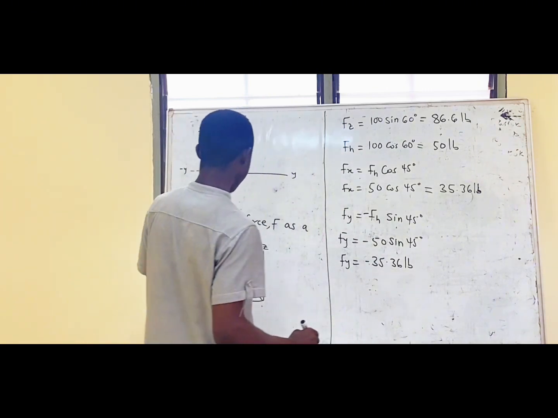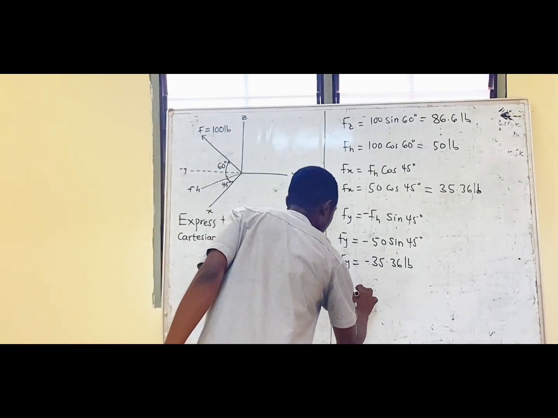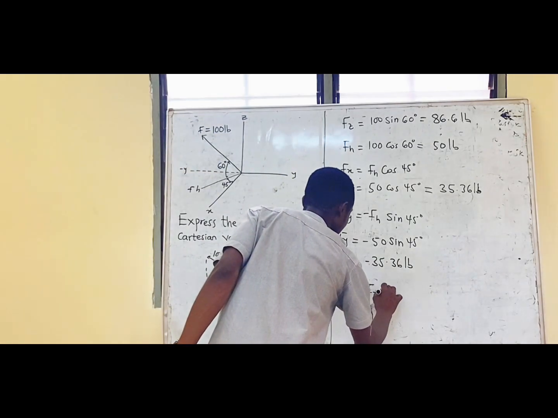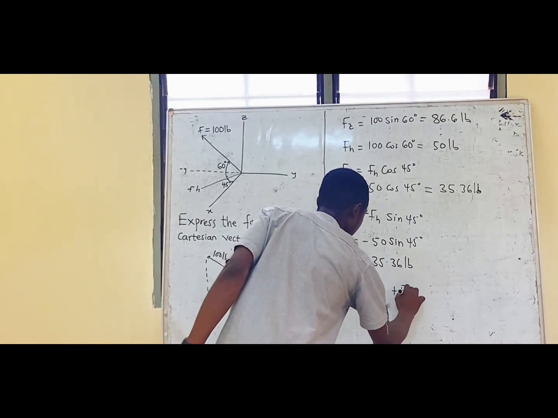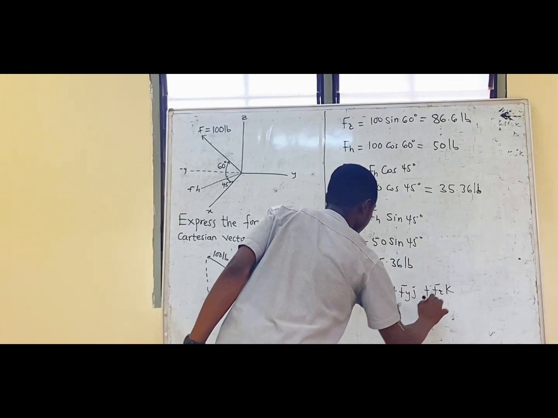Now the question asks us to express the force F as a Cartesian vector. So F in Cartesian vector form will be F bar, which is equal to Fx i plus Fy j plus Fz k.